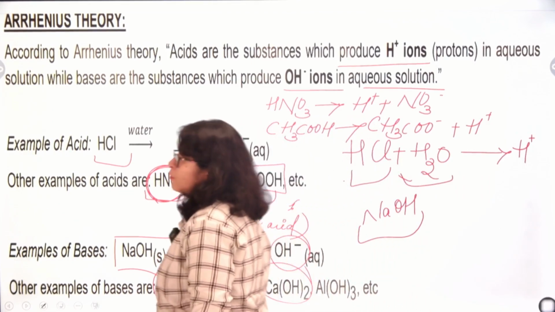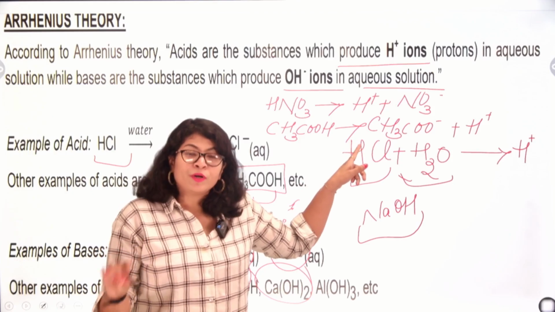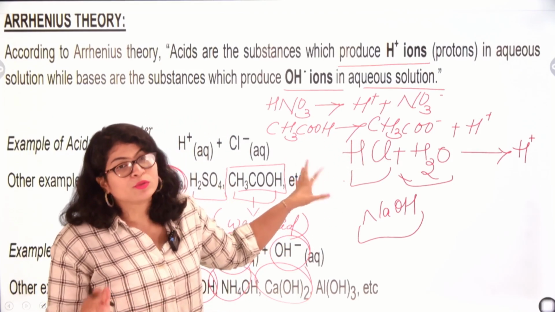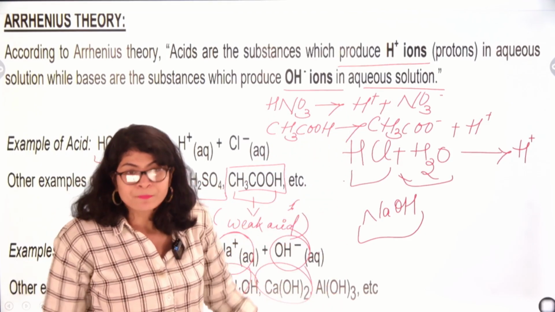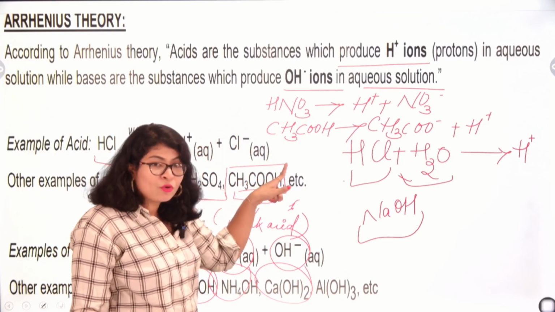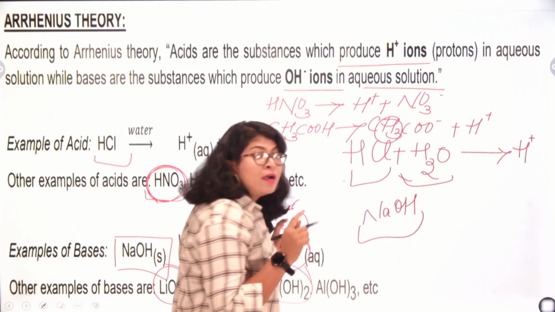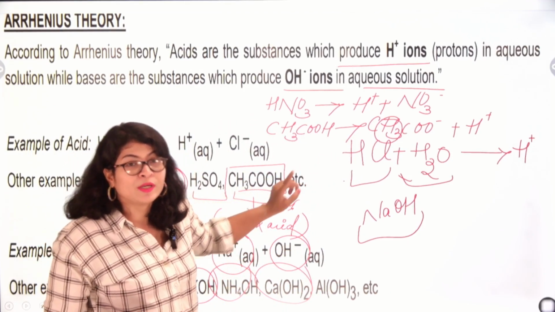So see, in the first case, in case of HNO3, all the possible hydrogen atoms or protons which were present got dissociated into H+ and the respective negative counter ion, right? But in case of CH3COOH, I still find 3 H which are undissociable. These H cannot be by any chance dissociated.